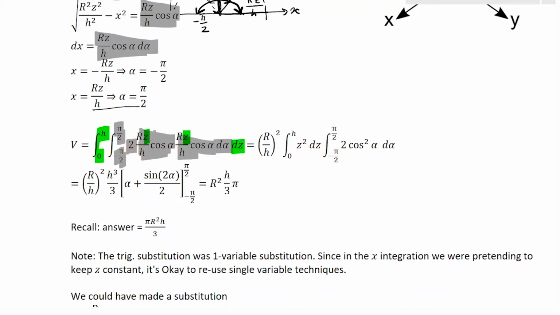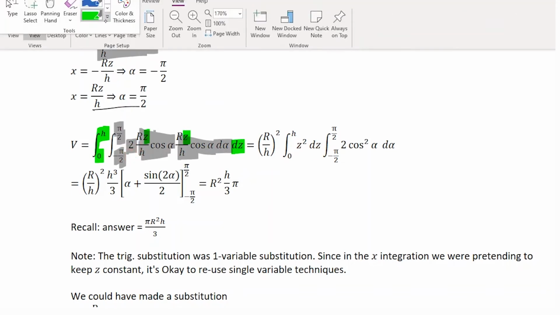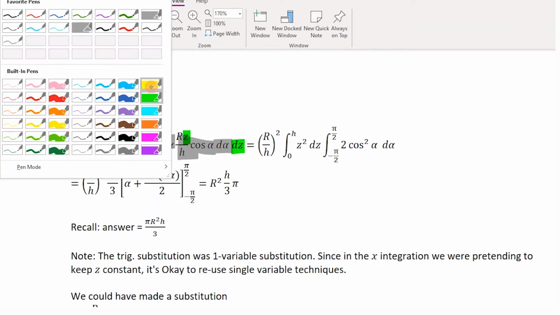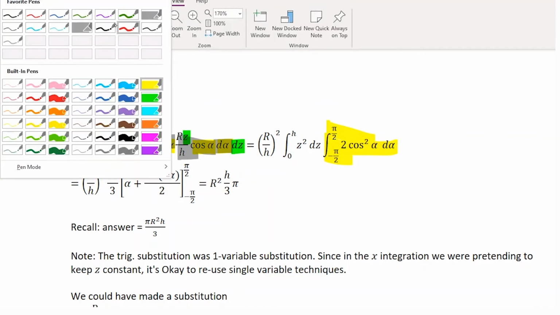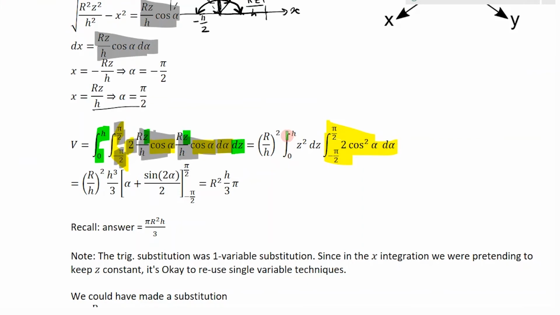And then what we're left with is integration over, not theta, alpha, this, and I also didn't take this out of the integral, so there is that as well. So that's where I got all of this, and then the green part is this guy. And that was the constant.